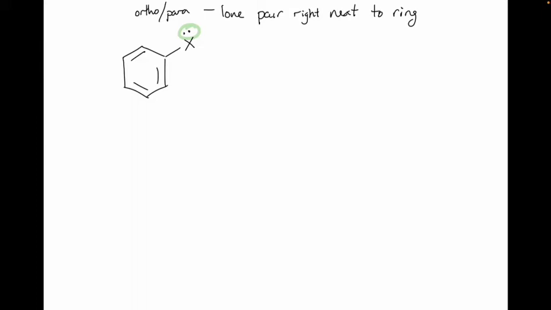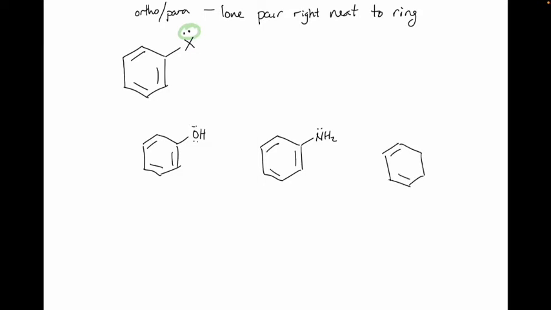For example, if it was an OH group, oxygen's got a lone pair. If it was a nitrogen, nitrogen's got a lone pair. Or if it was a halogen, halogens have lone pairs. All of these would be ortho-para directors. They have this lone pair located right next door to the ring.